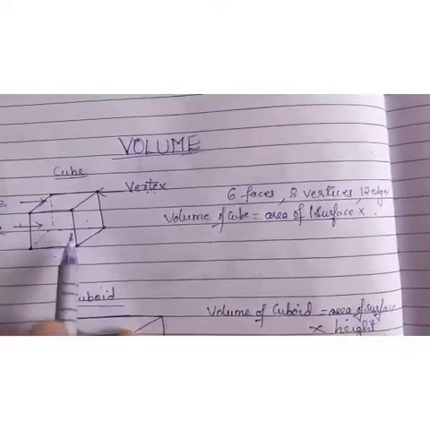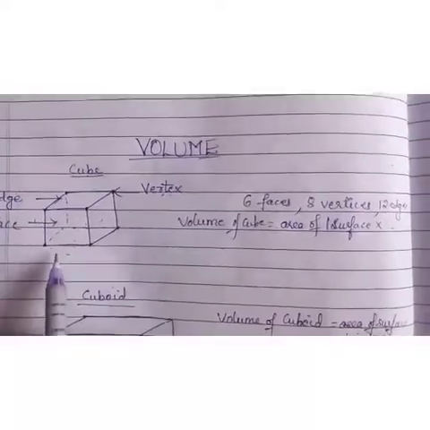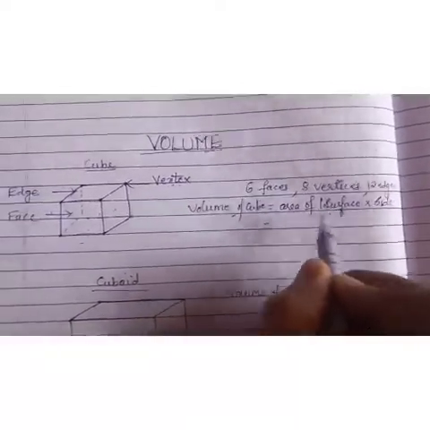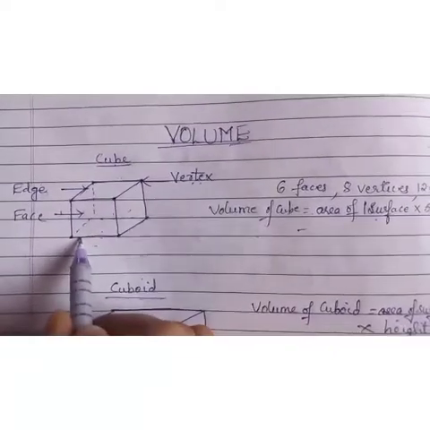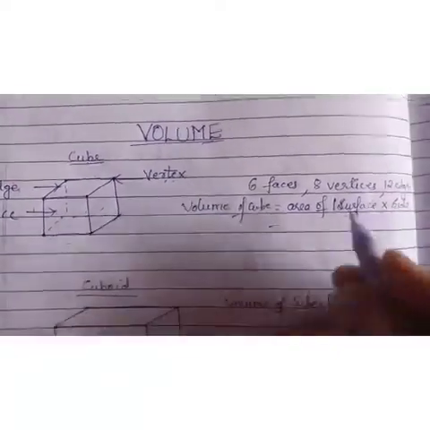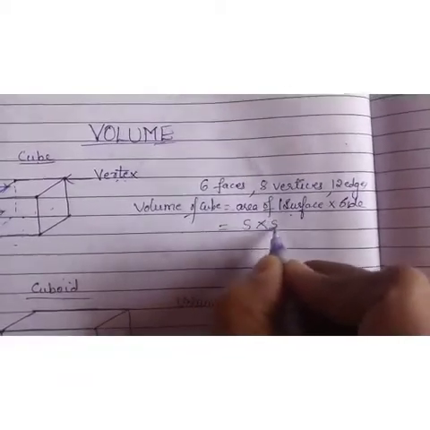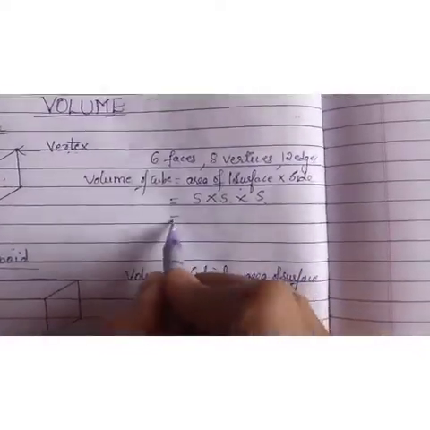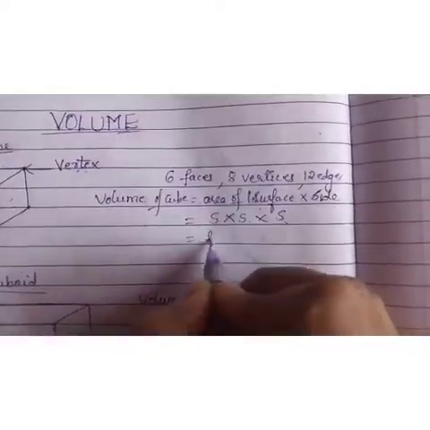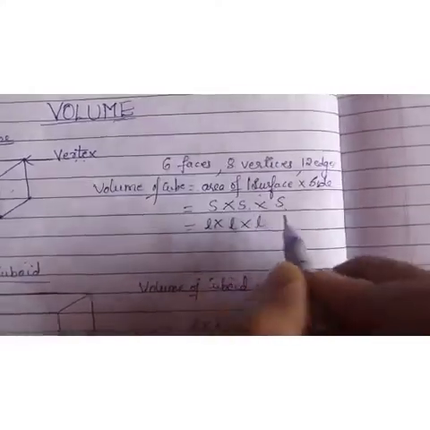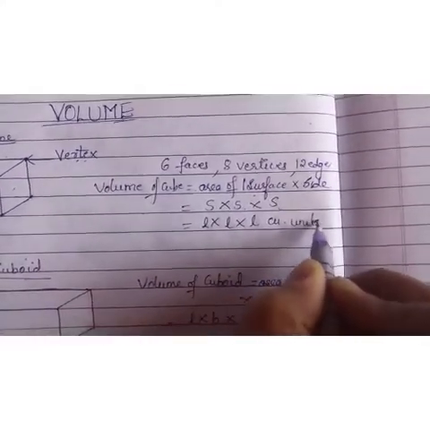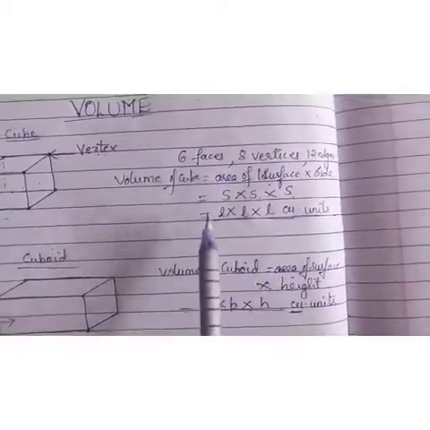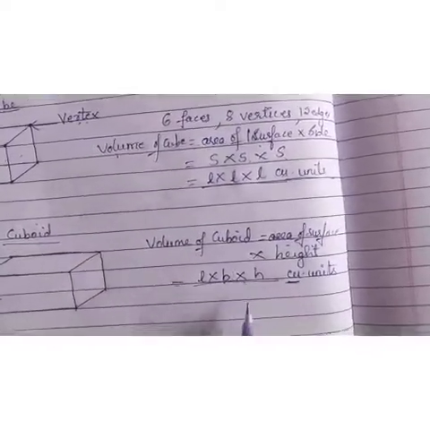Because all the sides are the same, we don't get any separate height, so I will take area of one surface into side. Here the surface is a square, so the area of the square will be side square, that is side into side, and this one side, so three sides we are getting. Suppose the side is L, so we get L into L into L cubic units. So these are the two formulas for volume of a cube and volume of a cuboid.